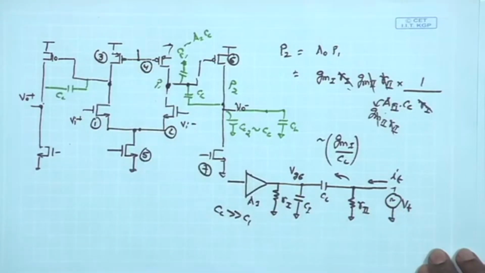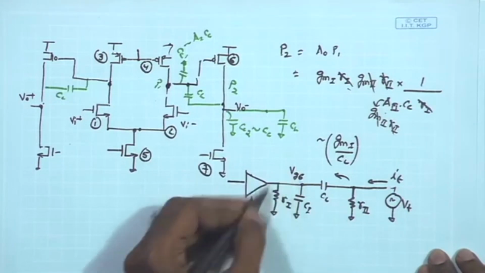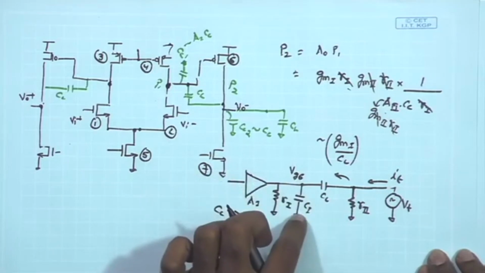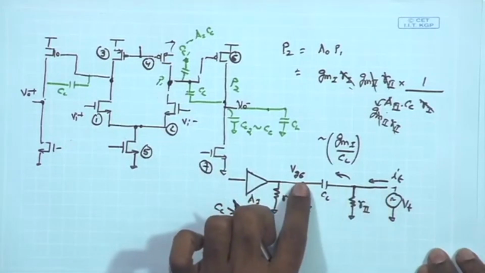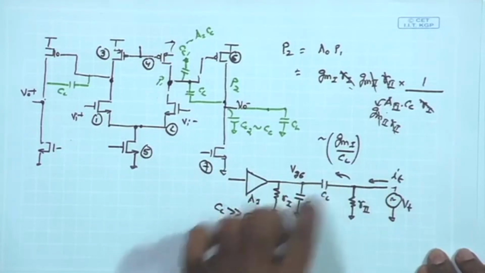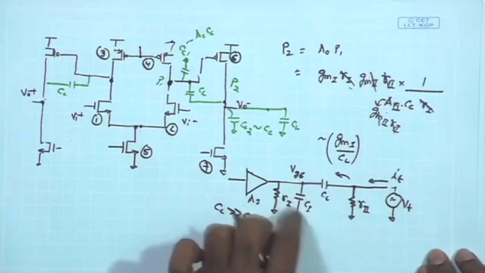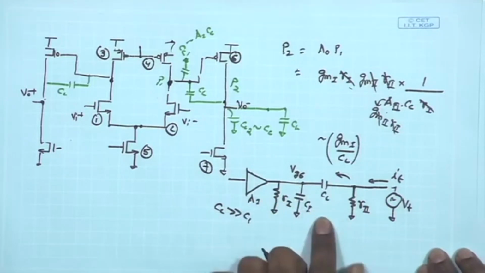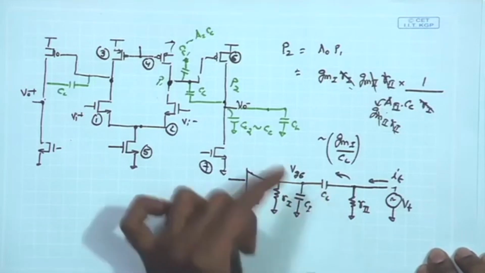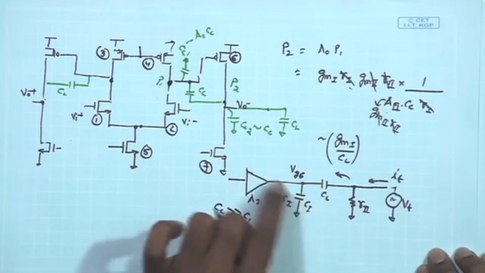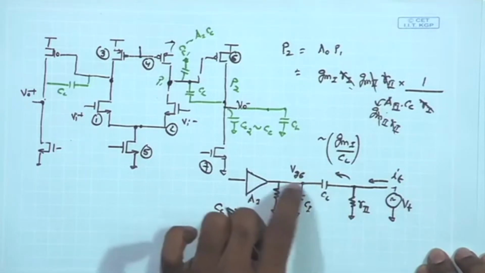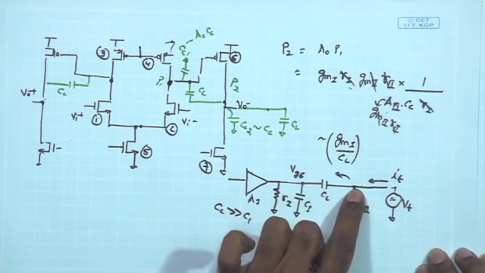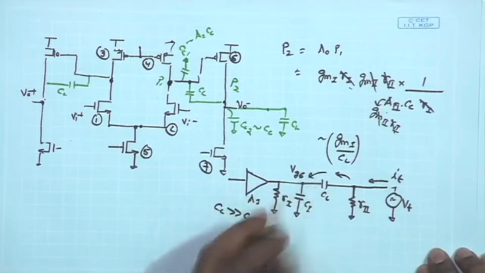If I assume that the impedance in this parallel branch is dominated by C1, the parasitic capacitance at this node, my Vg6 will be given by the voltage division provided by these two capacitances. Because Cc is much larger than C1, the impedance of this one is much smaller than the impedance of this. As a result, Vg6 is going to closely follow Vt.